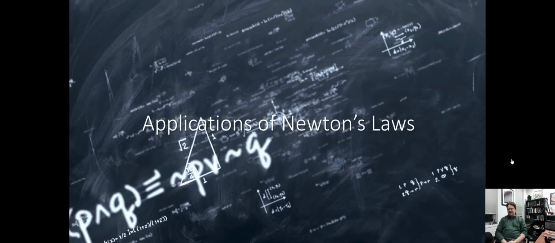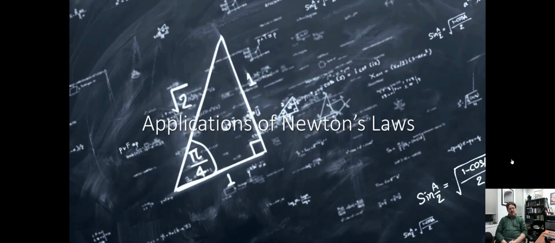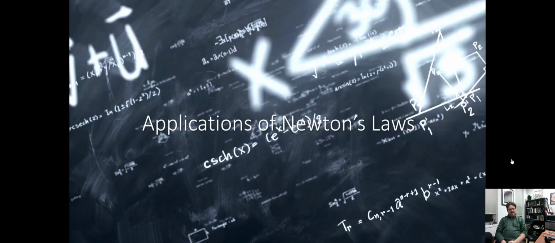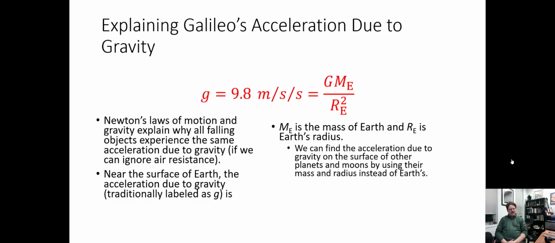So what are the applications of Newton's laws? What can astronomers do with this set of new laws? One of the things that Newton went about looking at was Galileo's experiment, which again was an empirical experiment.